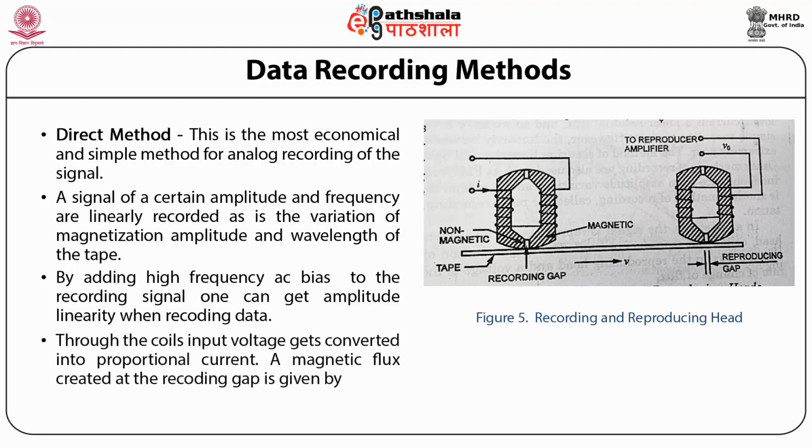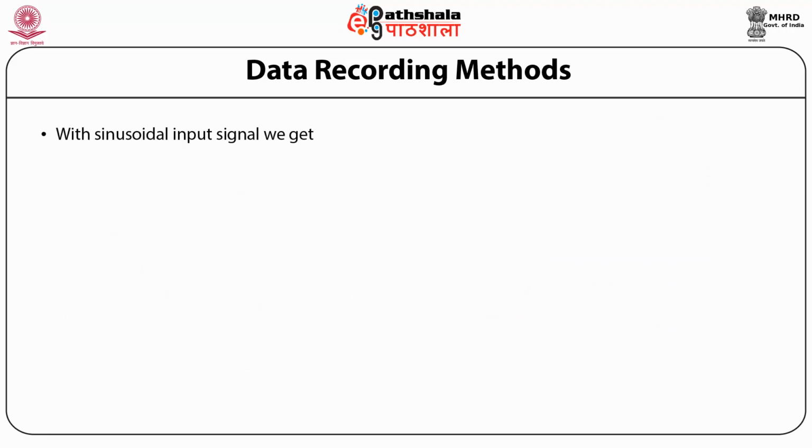Through the coils, input voltages get converted into proportional current. The magnetic flux created at the recording gap is given by phi equals k phi times I. This is equation 1. With a sinusoidal input signal, we get I equals I naught times sine 2 pi f t. This is equation 2.